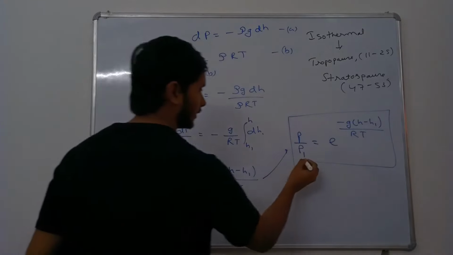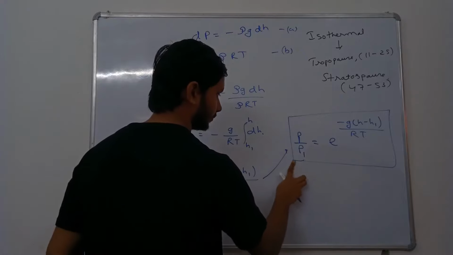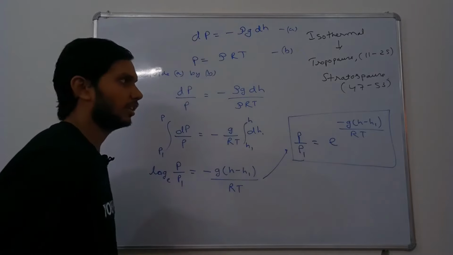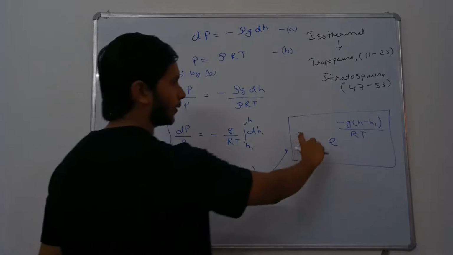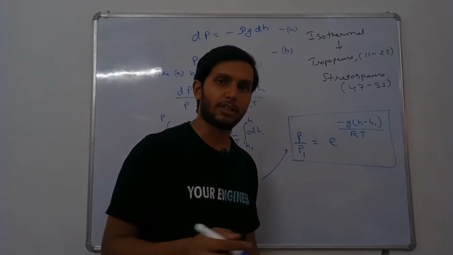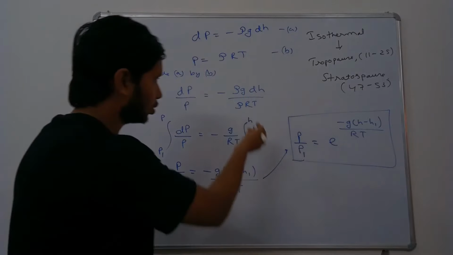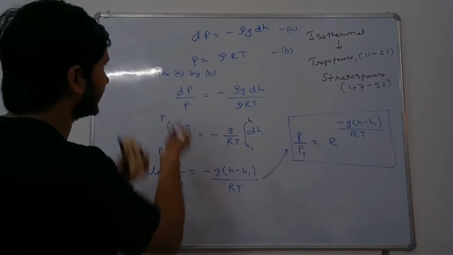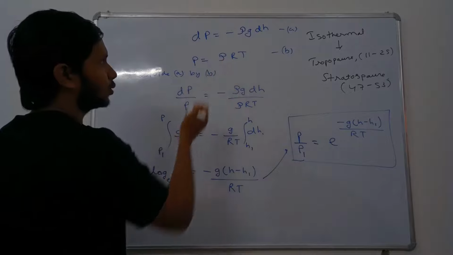If you know the temperature at tropopause, then this will be the formula for how pressure changes in tropopause, because I told you in tropopause temperature is constant, not the pressure. And suppose you want to calculate density now. You know P equal to rho RT.